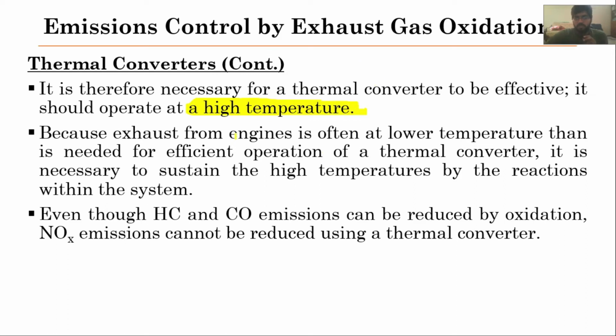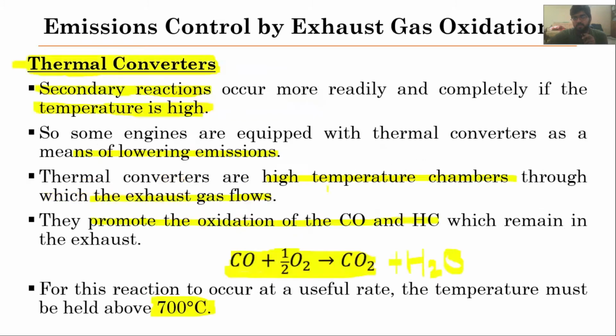Because exhaust from the engines is often at a lower temperature than is needed for efficient operation of the thermal converter, it is necessary to sustain the high temperature by reactions within the system. So how is this high temperature achieved? It is achieved when unburned hydrocarbons and carbon monoxide are converted into carbon dioxide and water vapors.